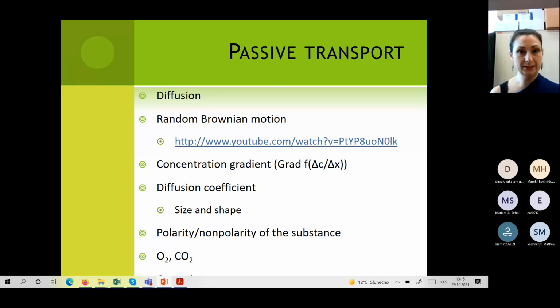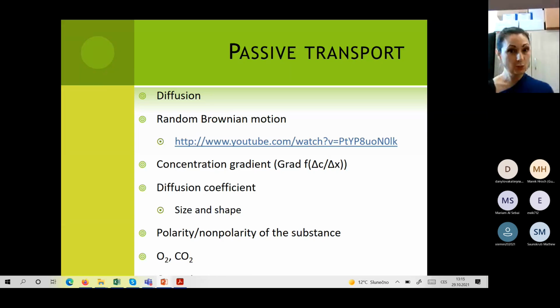Just always keep in mind that the driving force of the transport of every motion and diffusion is the concentration gradient. Also, the quality of diffusion, meaning how easily one particle can get from point A to point B, is characterized by the diffusion coefficient.